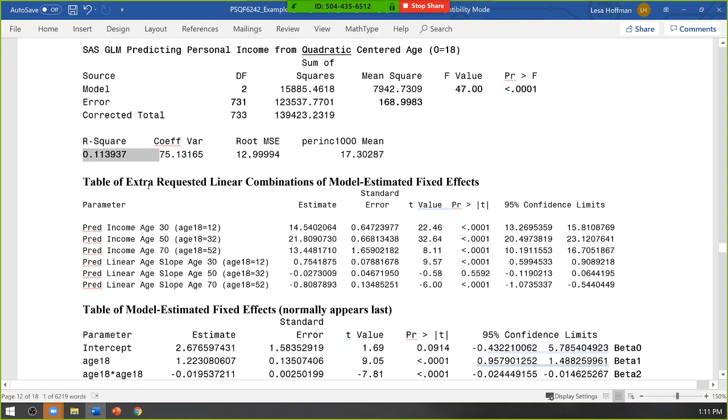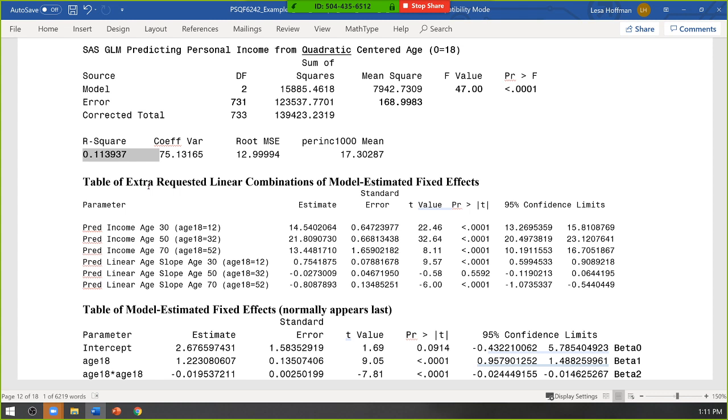How much is left over then? Don't think too hard. Yeah, 89%, exactly. A lot. Also true. In the social sciences, it's pretty rare to see anything more than like, I'd say 20% in an R square.